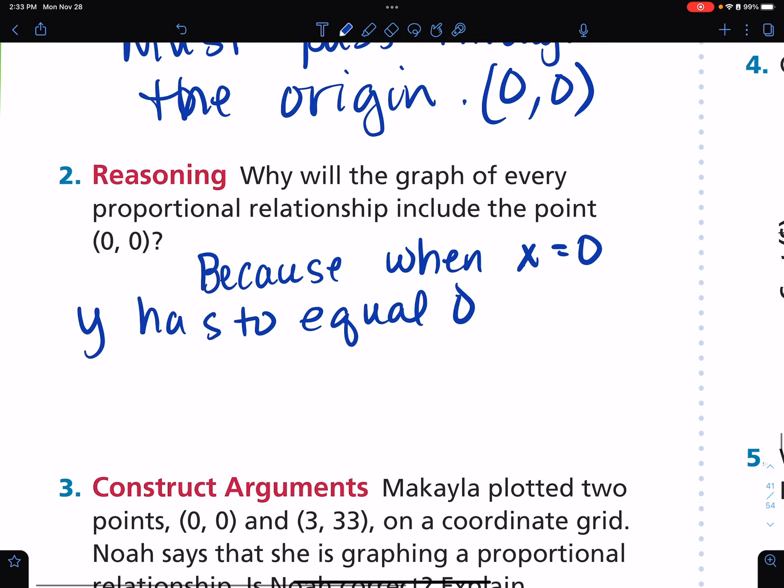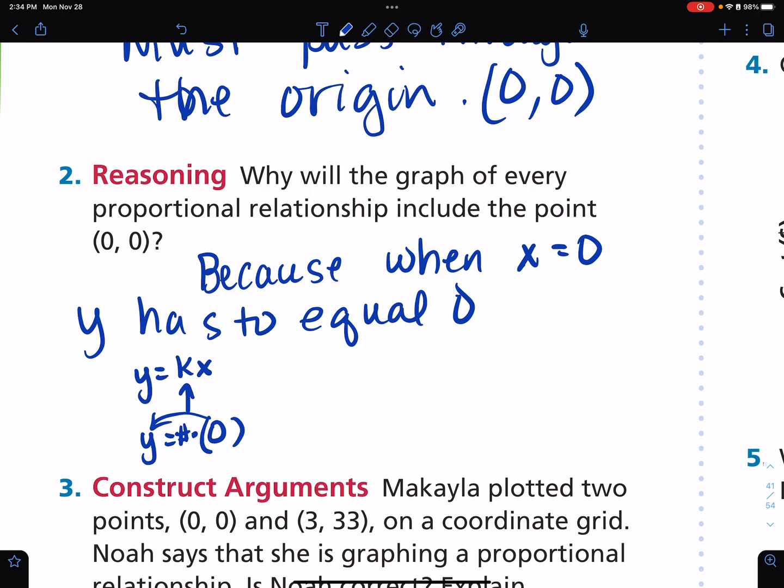We know that a proportional relationship has to be y equals kx. So that means if I take any number, a fraction, a decimal, whatever, and if x is 0 times any number, then my answer is going to be 0.